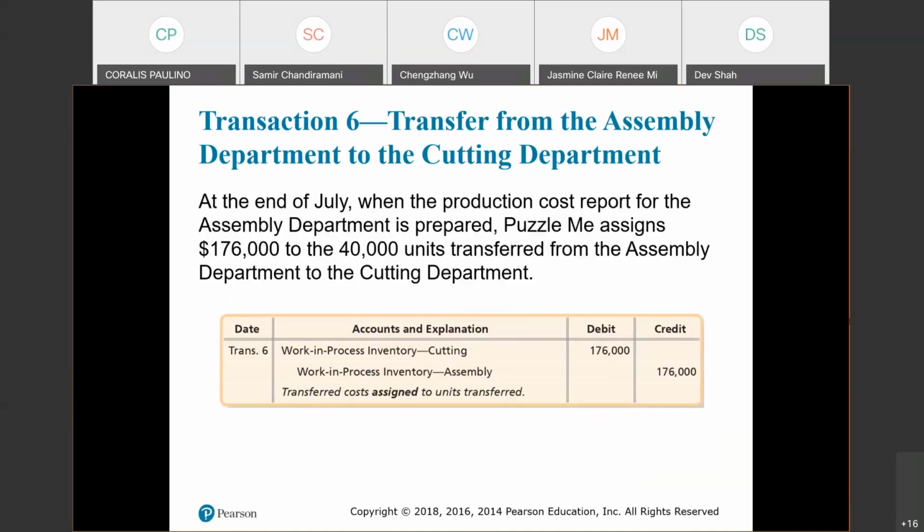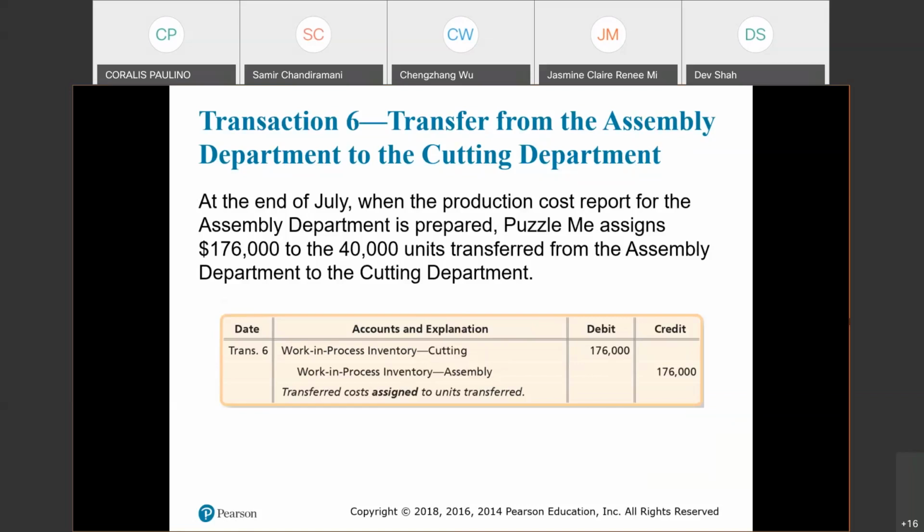The transaction is that at the end of July, when the production cost report for the assembly department is prepared, Puzzle.me assigns $176,000 to the 40,000 units transferred from the assembly department to the cutting department. So if you can remember, as I said, in process costing, each department or each process has its own WIP inventory account.